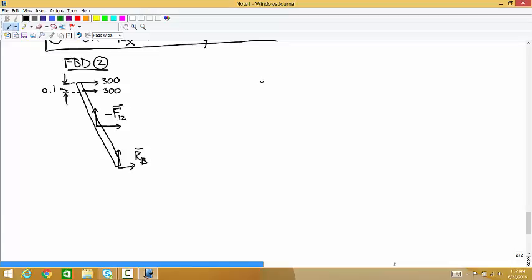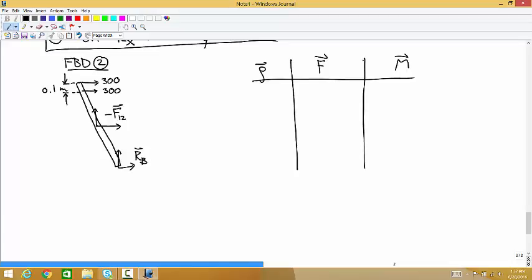Okay, so rho F M. I'll put the about point at B. So now the row vector for RB.